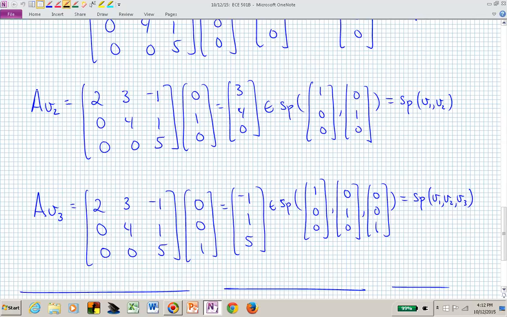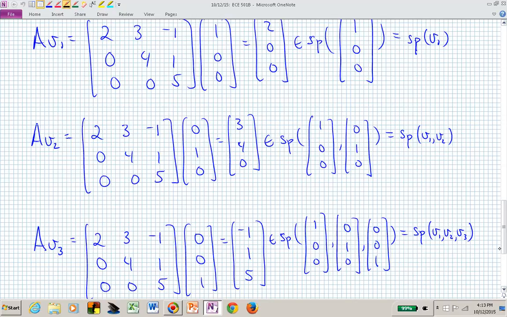But that's sort of nice in this upper triangular matrix. We have this nested behavior of our set of basis vectors, or if we wanted to, of our eigenvectors. There's a nesting property.